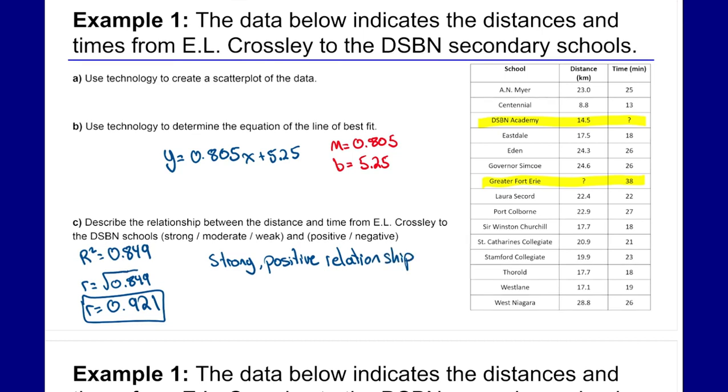Now, just be careful, because when you take the square root of a number, your calculator is always going to give you a positive value. But when you take the square root, you actually get a positive or a negative value. Think of this, for example, if I had the square root of 9, my calculator would give me 3.